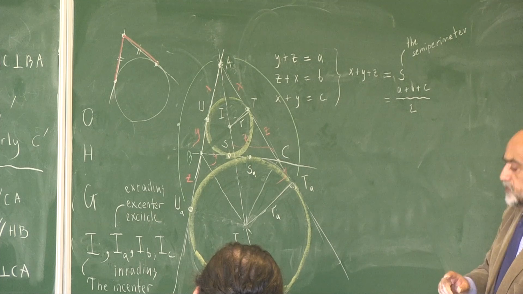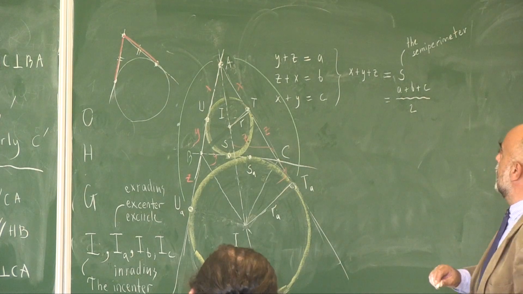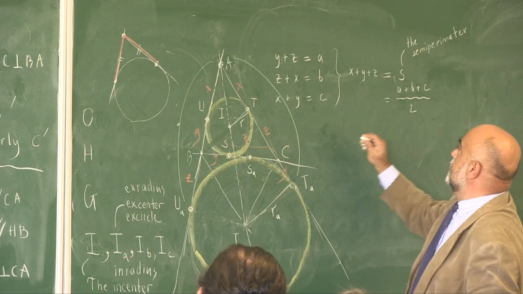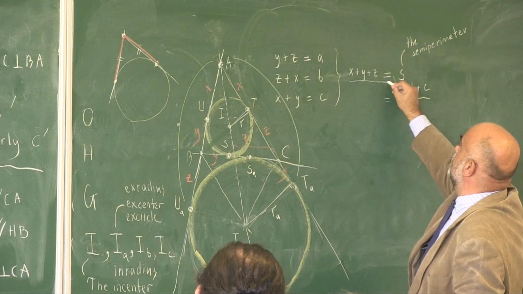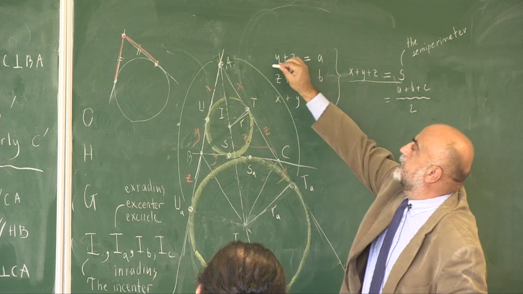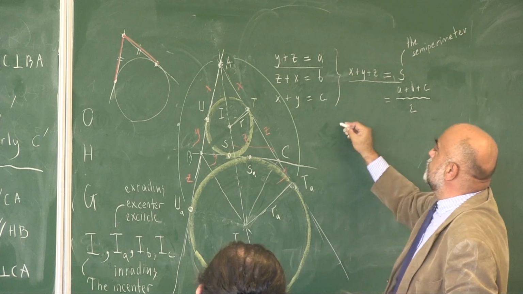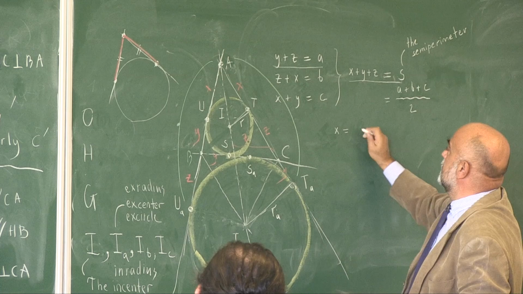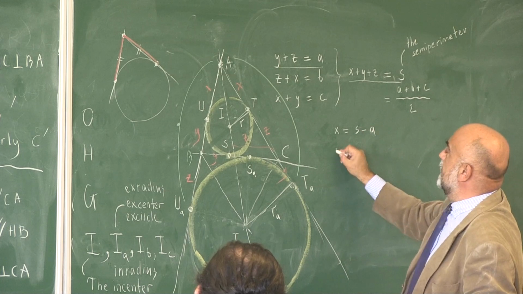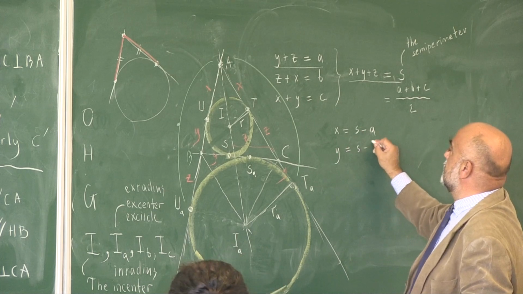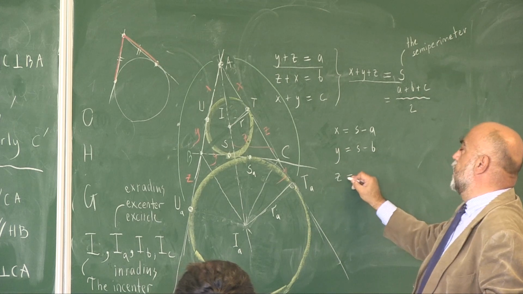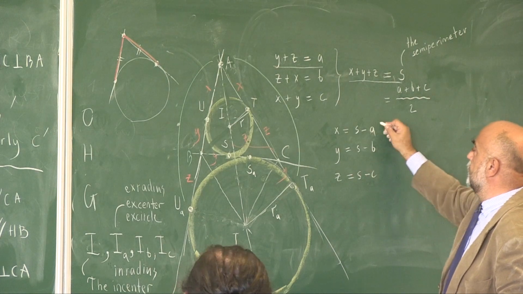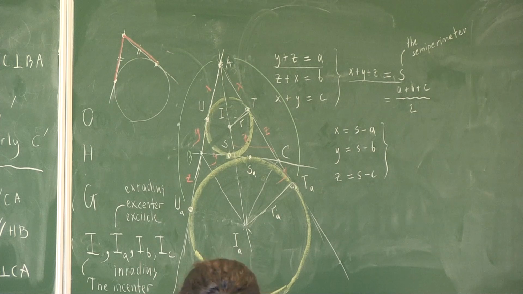Since the sum x plus y plus z is s, and y plus z is a, x is of course s minus a. You can derive similar formulae, s minus b. These are quite well known, but I'm repeating them for completeness.